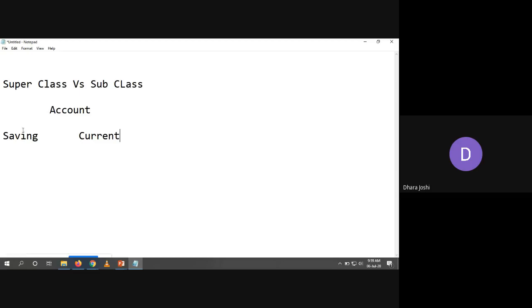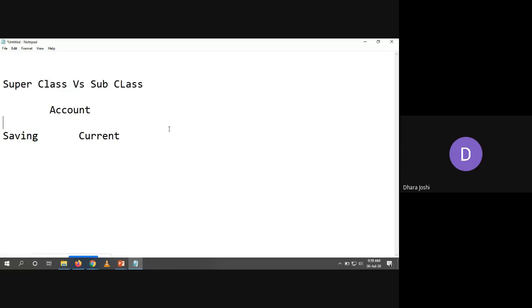So the subclass can inherit some attributes or characteristics from its superclass, and some characteristics can be their own, like saving account has a different interest rate, current account has a different interest rate. So some characteristics belong to the subclass also. This is the concept of superclass and subclass.